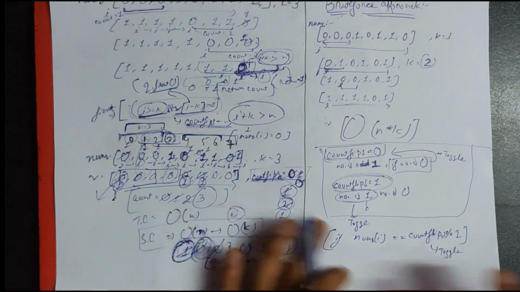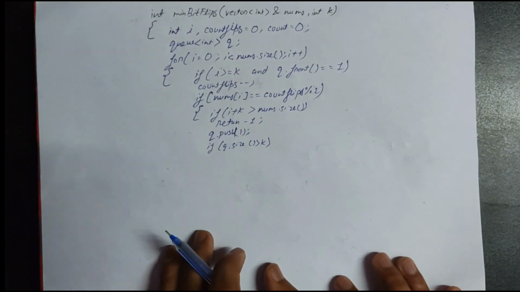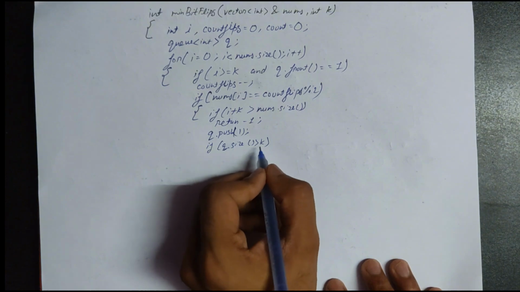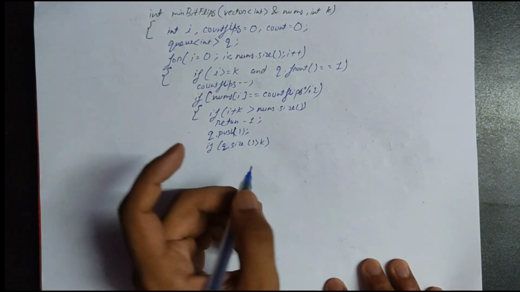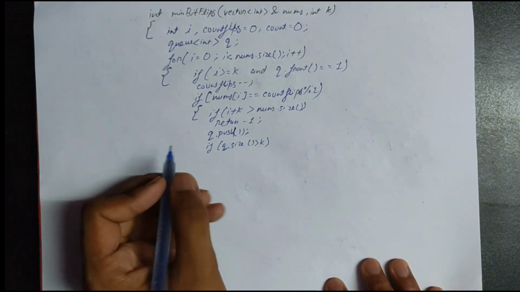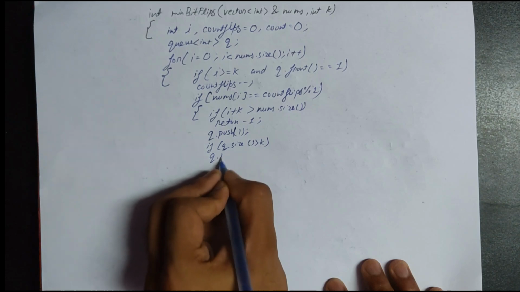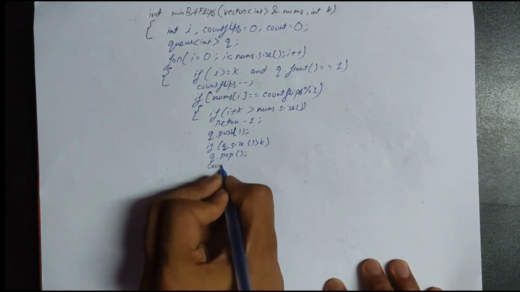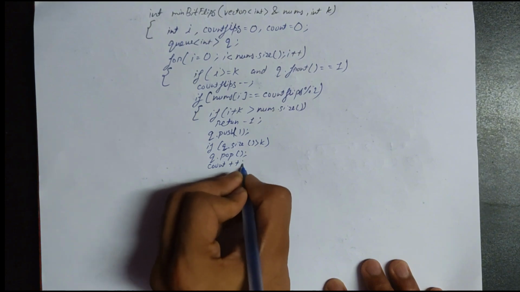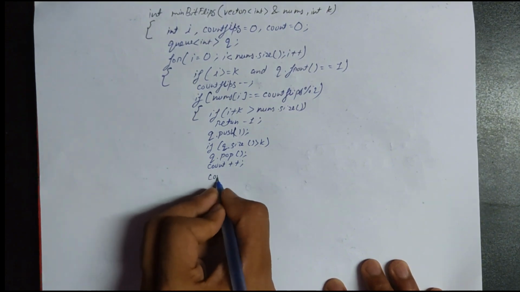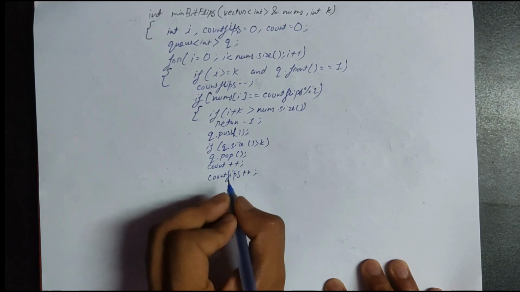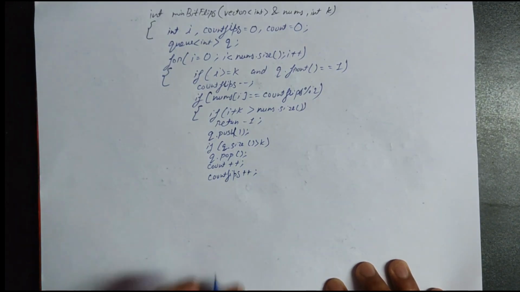So when we push the k plus 1th element, we simply pop out the element. And the value of count will be incremented as we toggle the value, and the value of count flips will also be incremented, which we are storing to track how many flips are counted in that range, and this if statement can be closed here.